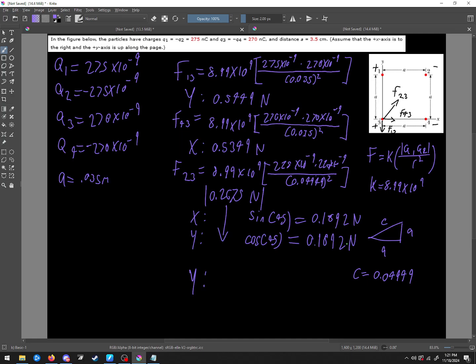Or, sorry, this, and we're going to subtract 1, 3. So we're going to take this, we're going to subtract 0.5449. Okay, the y component here is going to be negative 0.355. Or 353.